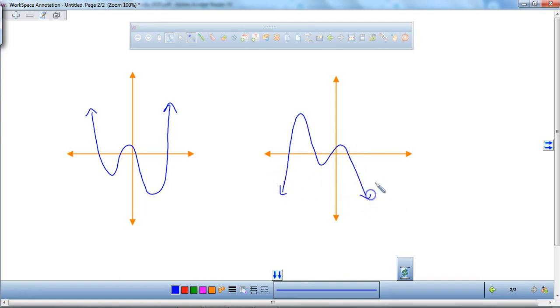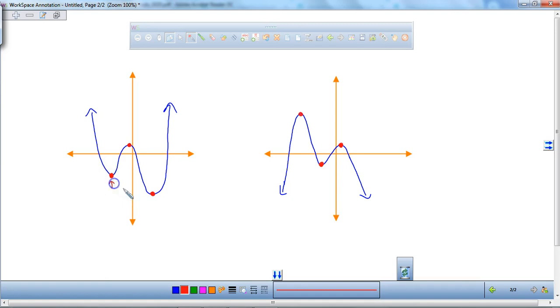All right, now there's some critical points here that we need to talk about, and one of them is right here. One of them is right here, and one of them is right here. On this graph, we have one here, here, and here. So what are these points called?